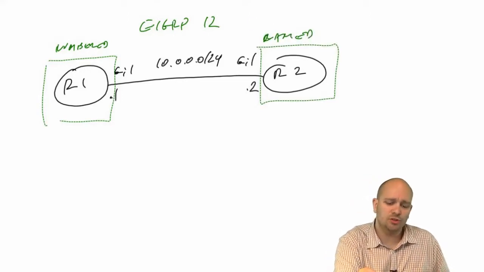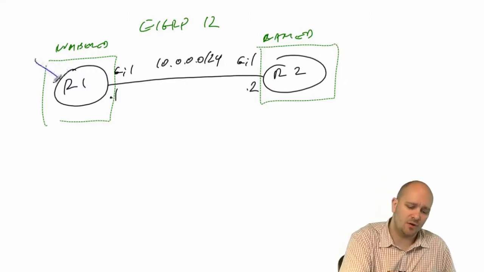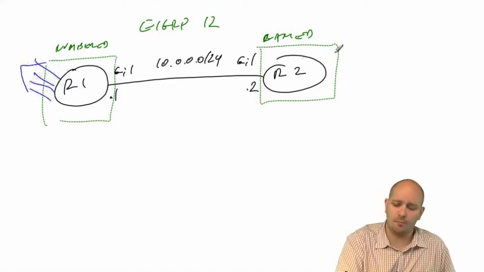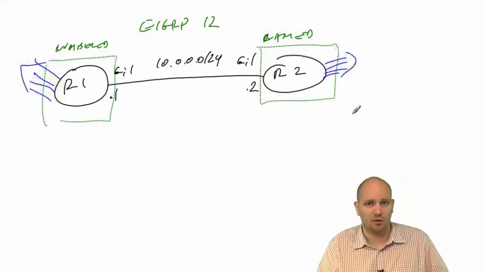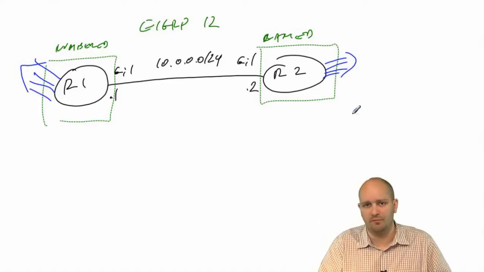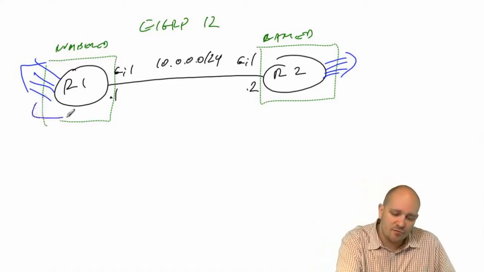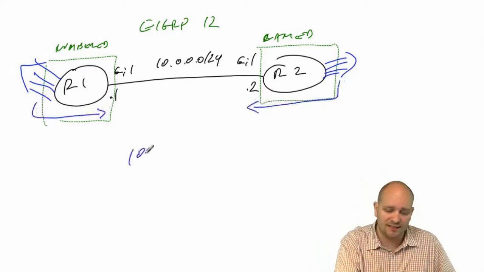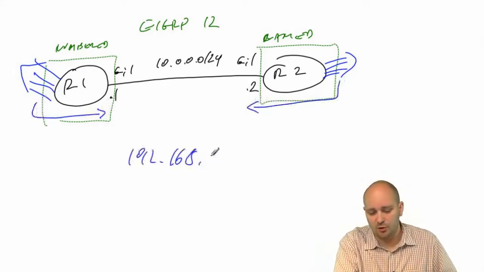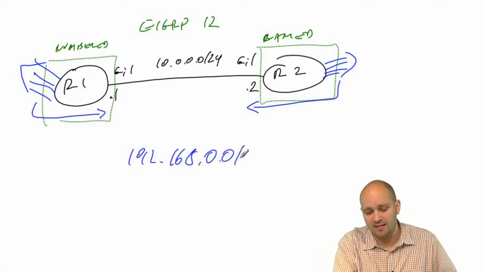I also have a certain number of static routes on these routers pointing to a fictitious gateway, and I have redistributed these routes into EIGRP from both sides. These will be from the 192.168.0.0/16 range.